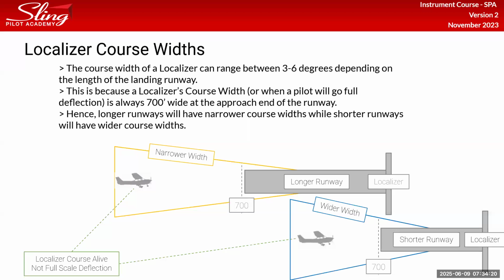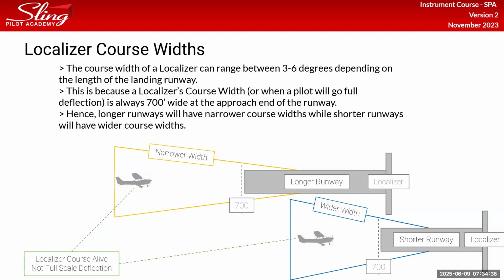Well, I think it's 3 to 6 degrees depending on the size of the runway. That's why they give a range. So it's not going to be a large difference in degrees, but that 3 to 6 is dependent on the width of the runway.